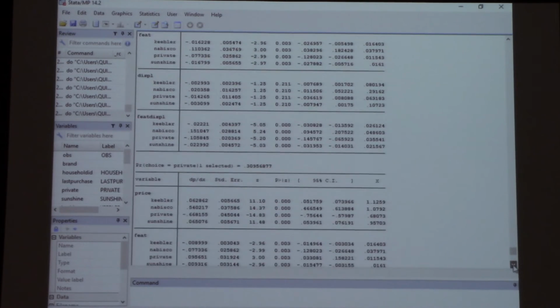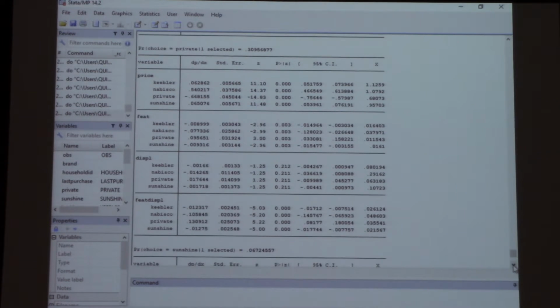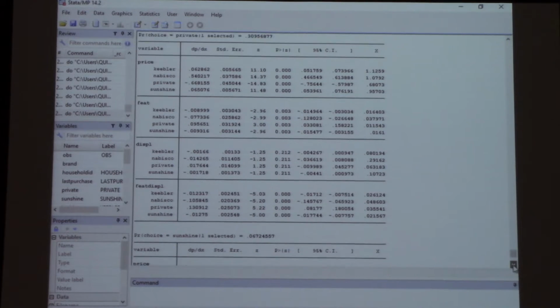We can see it holding for private, again, negative own price, positive cross price, positive own feature, negative cross features, right signs for display but not significant, right signs for feature and display, and everything significant.